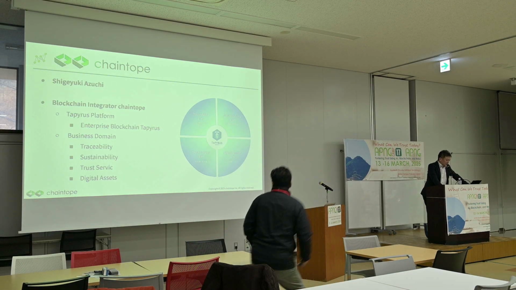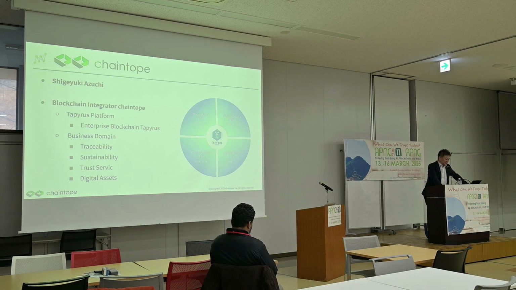And last is digital assets: issuance and management of regional currency and digital premium badges. So today I talk about the characteristics of blockchain, including some concrete examples of blockchain design to achieve these.